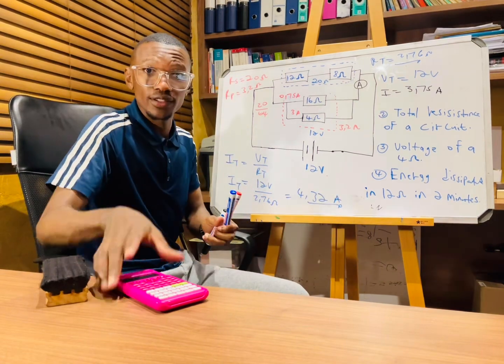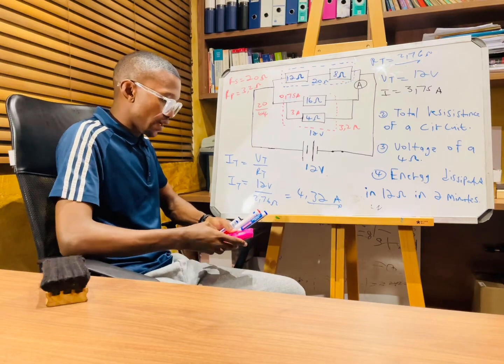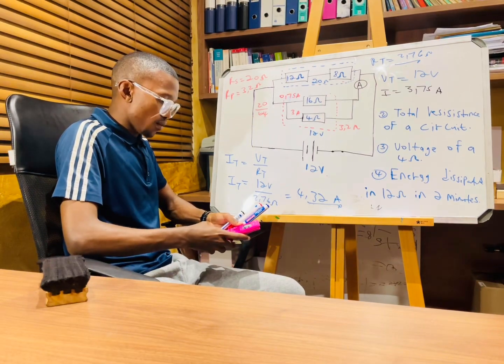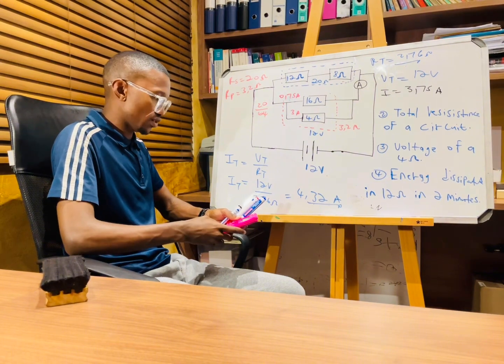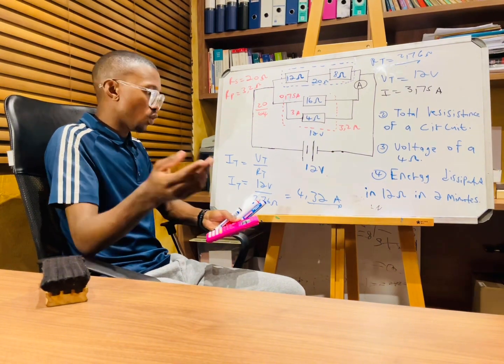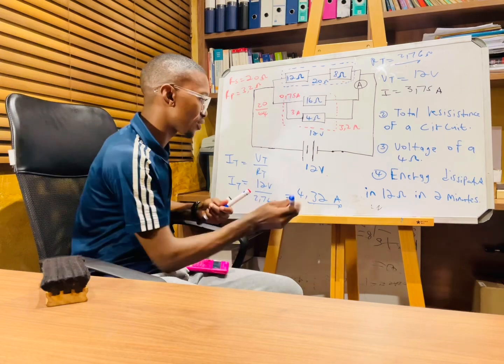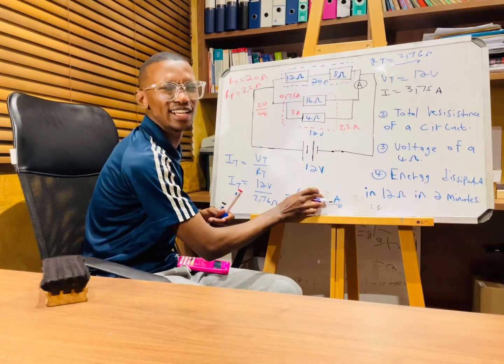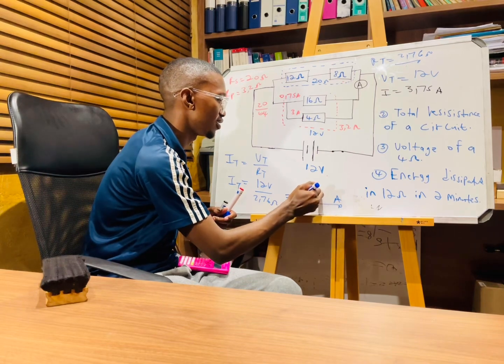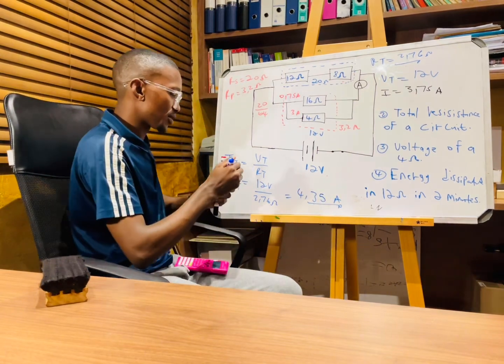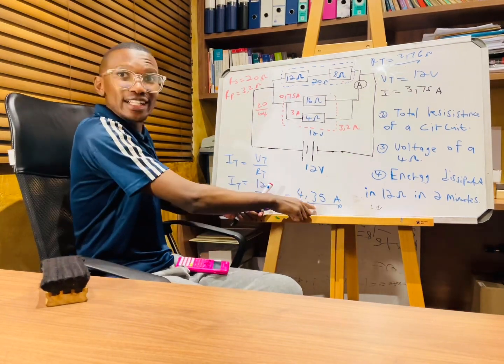Let's use a calculator to confirm. 12 divided by 2.76. Oh, please, 3.5, ne? Sorry, my people, I was close, guys. I don't calculate that much, so don't solar me. So it's 4.35. This is the total current.